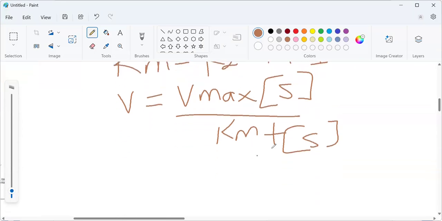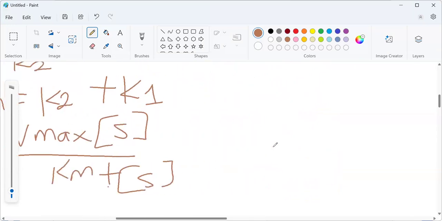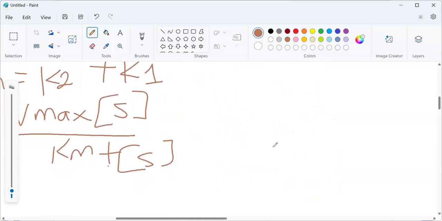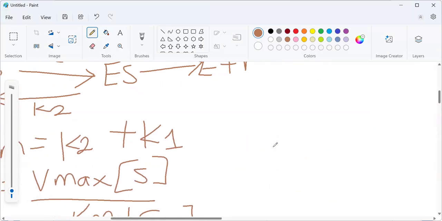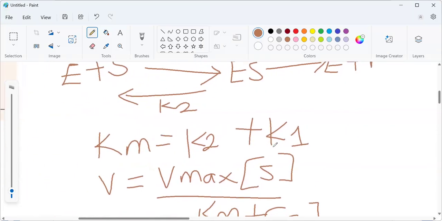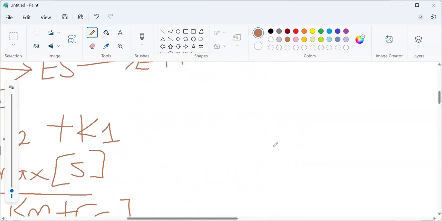If we assume the velocity is equal to half of Vmax, the equation will be equation 1.